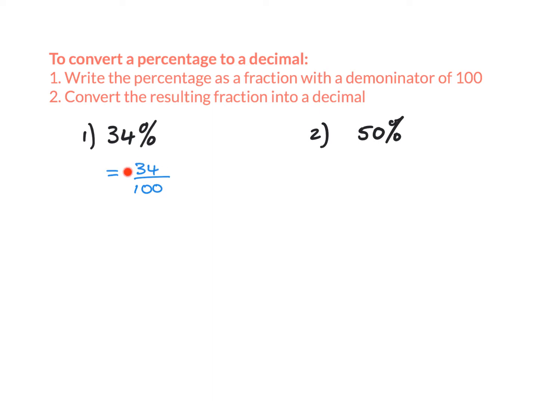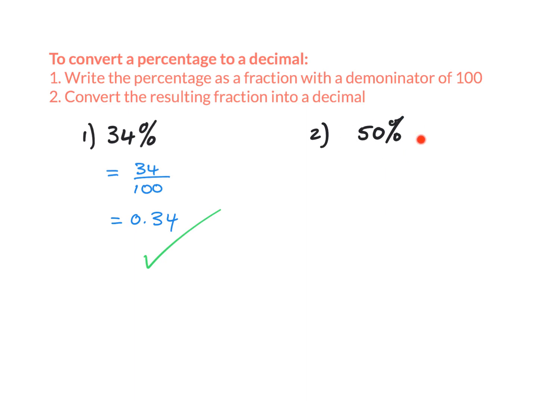I now look at my numerator and I see that it is 34. And if I'm converting this into a decimal, I know that that 4 is in the 100th position. So I can simply rewrite my fraction as 0.34, because I know, as I said, that that 4 is in the 100th position, and that would be the correct answer.